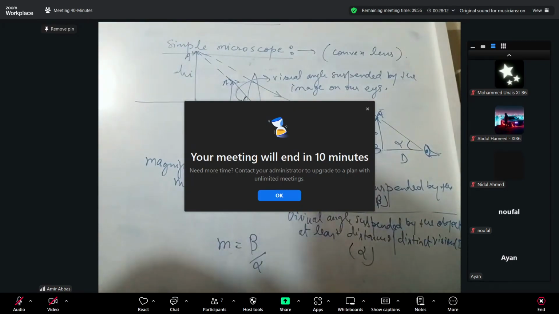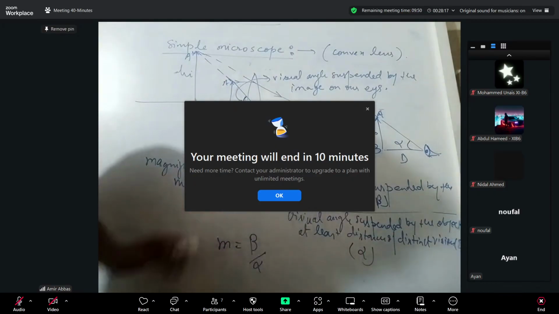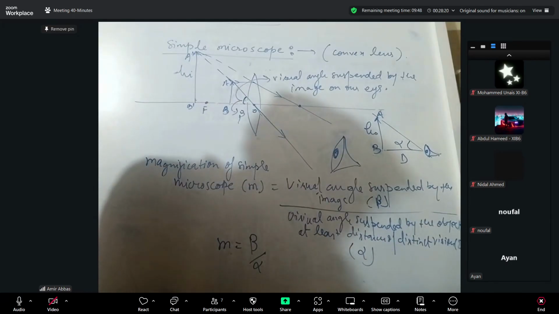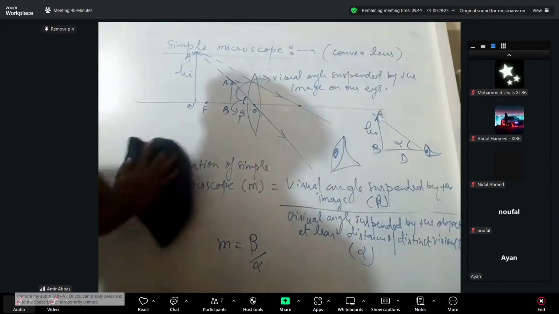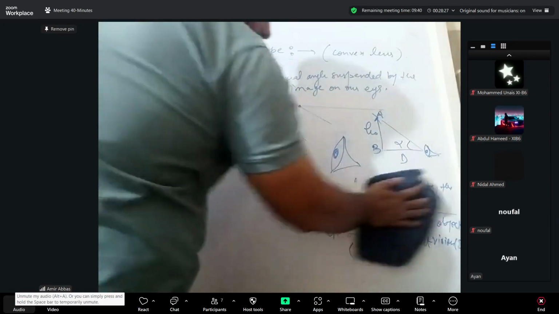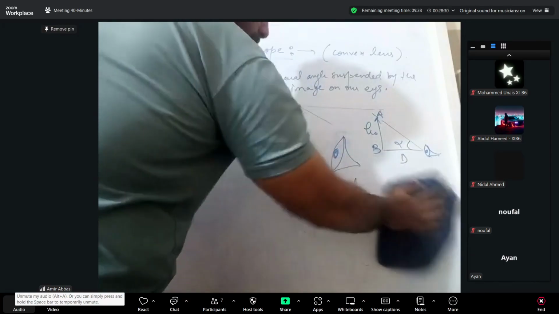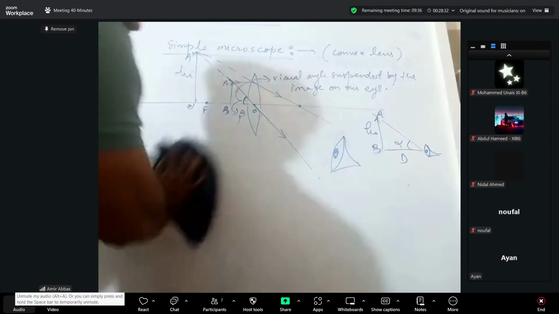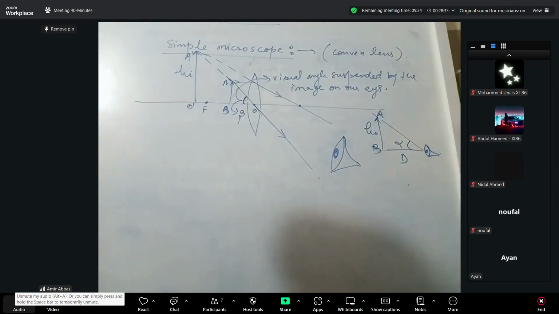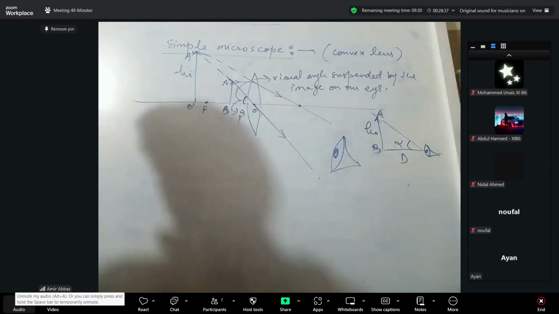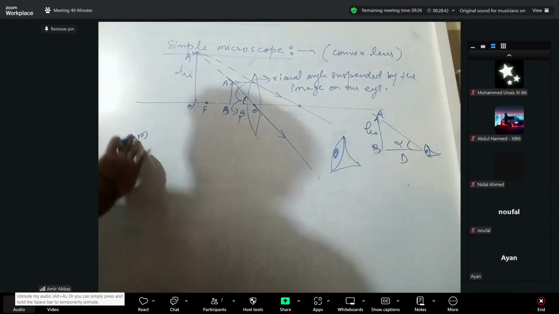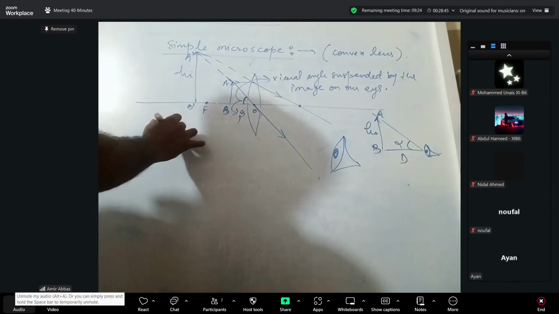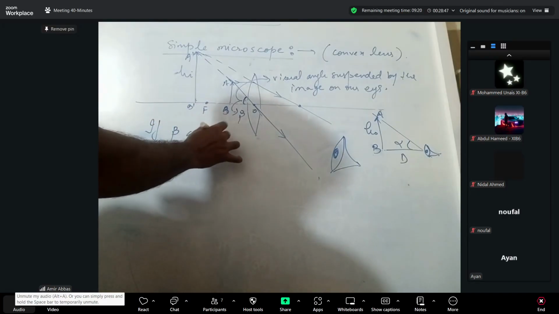If we see the triangle, what if beta and alpha are small?